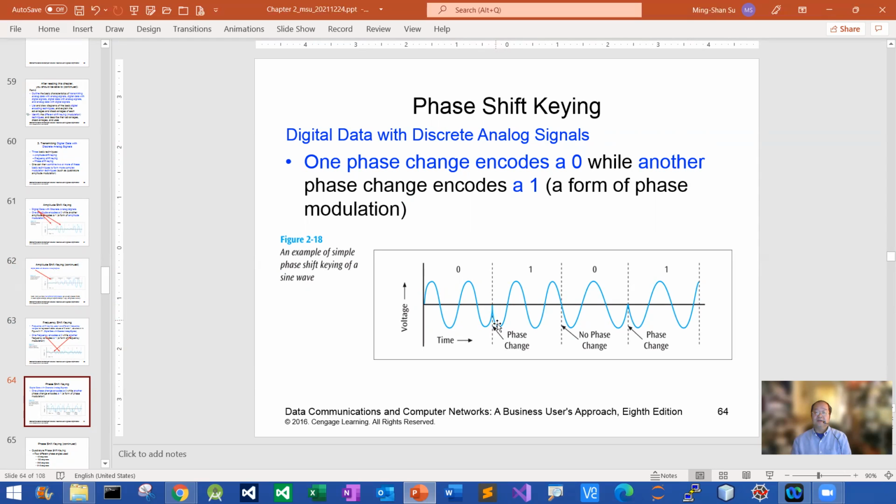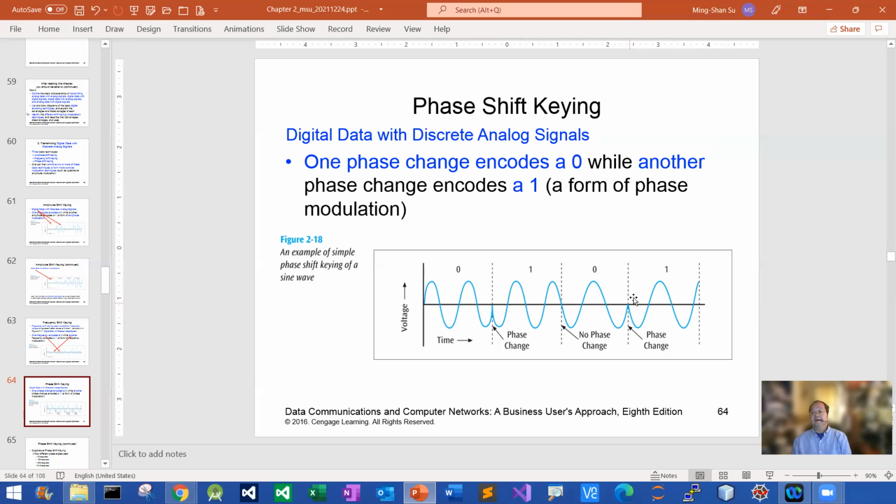Okay, so it goes down, up, down, okay, and at this moment of time it will go down again, so going down as well. So we say that there is no phase change over here, okay, it goes up and down and up.